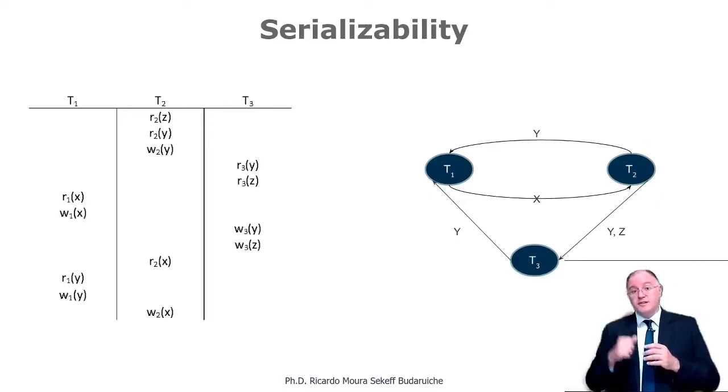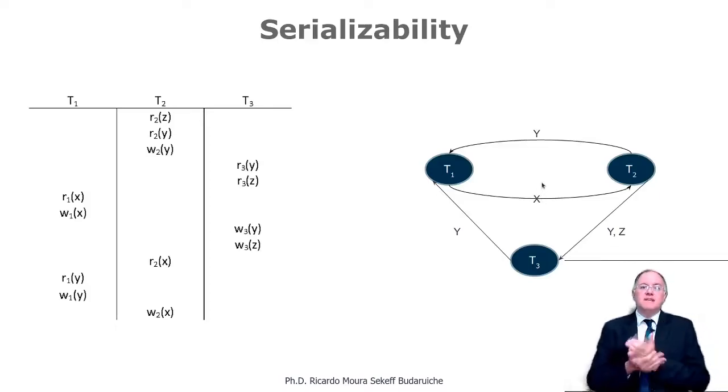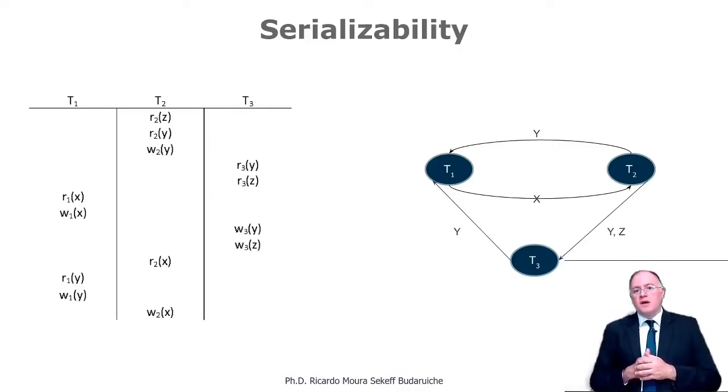You can see here, it still has a cycle, but with different labels, which is not considered a conflict. Remember that it must be operations over the same data item to be in conflict. Therefore, we can see that the plan shown here is serializable, and there is a serial plan equivalent to it.